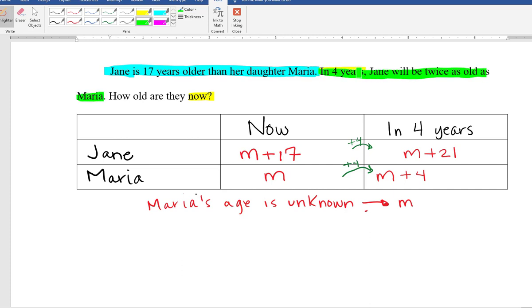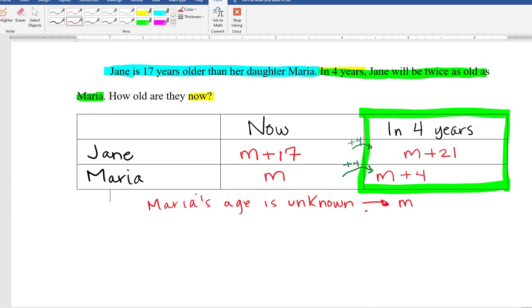Now this is all dealing with in 4 years. So now what we're concerned about is the information in 4 years. Jane will be twice as old as Maria. So I'm going to write down that fact.